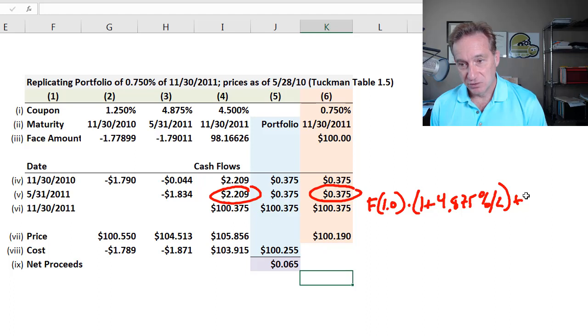Plus the 2.209, right? However much face value of this bond is going to give me this much cash flow, but I already get $2.21.